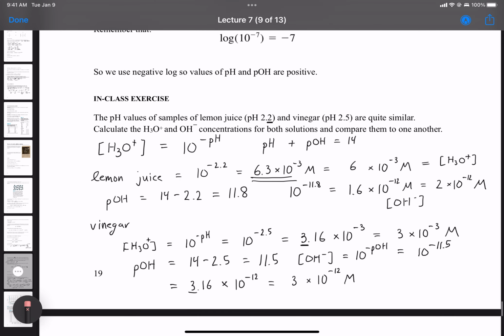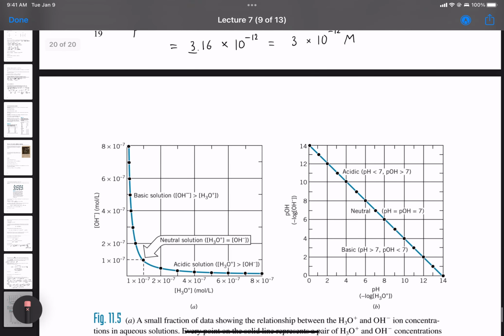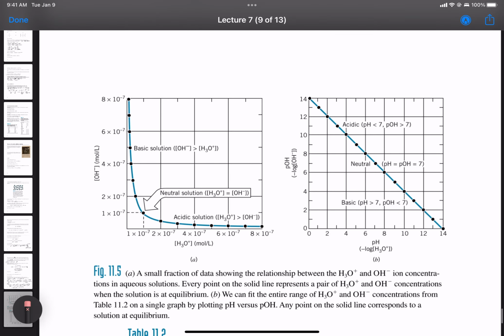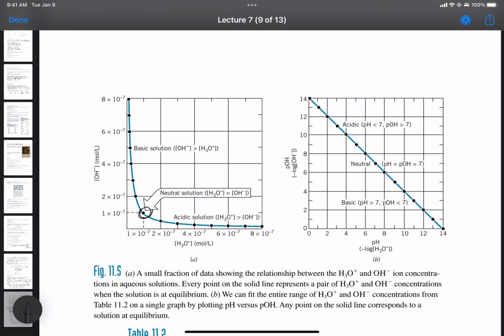All right, so lastly, let's talk about the pH scale. This is how we would typically plot our data for the values of pH. On graph A on the left, at a neutral solution we have equal concentrations of OH minus and H3O plus.